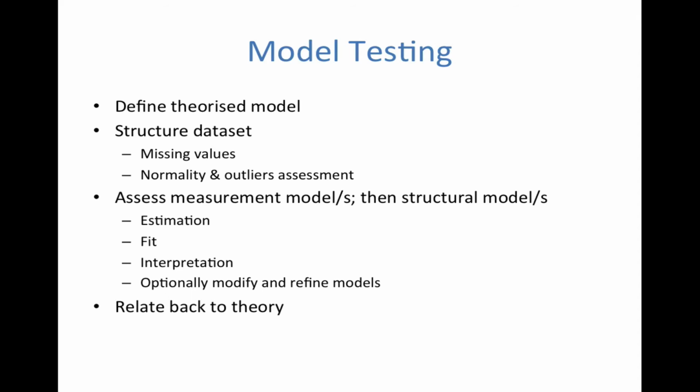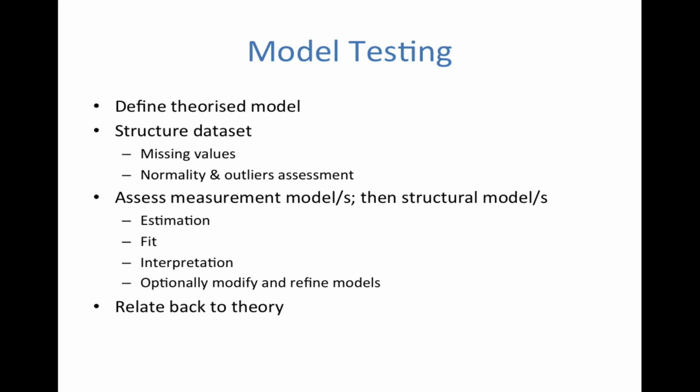All right, so what do we actually do with all this? In terms of testing models and building up arguments and findings, you've got to think about what kind of models you want to test and whether you're going to be confirmatory or exploratory in your approach. Once you've sorted out the basics of your data, you may run exploratory factor analysis first, just to get a feel for it, or if you're being more top-down, you might jump straight into confirmatory.